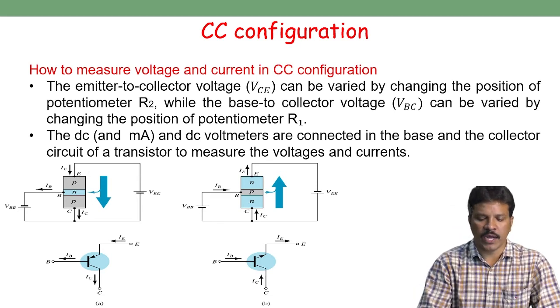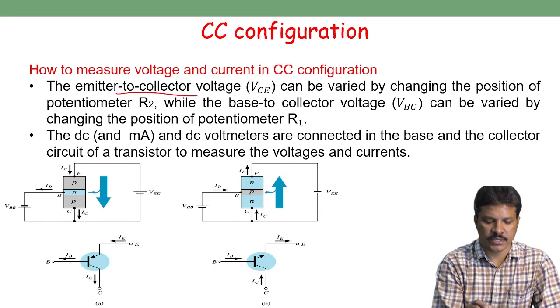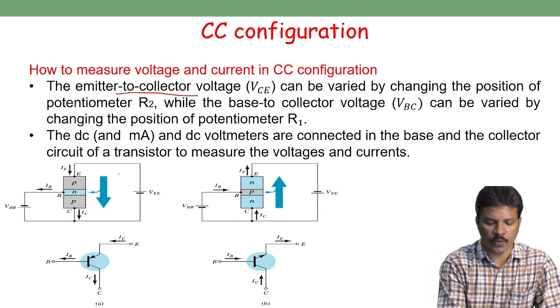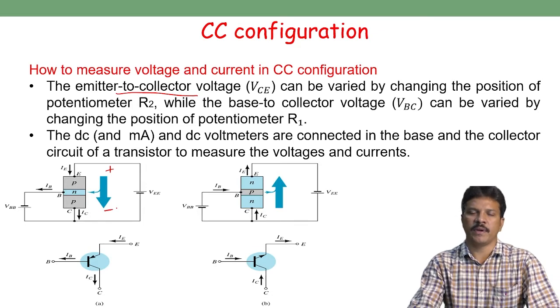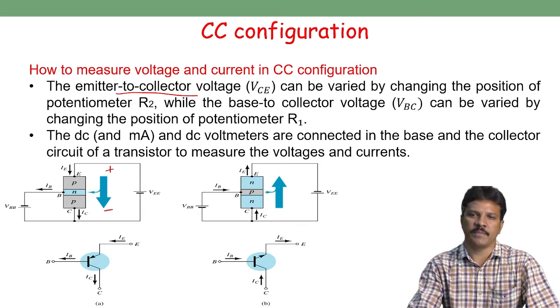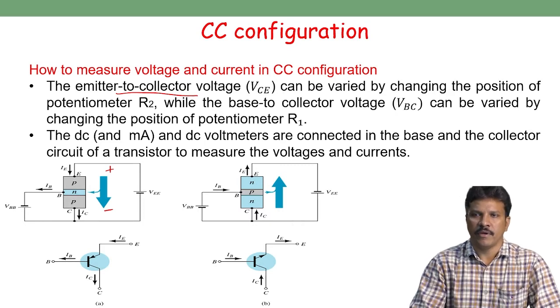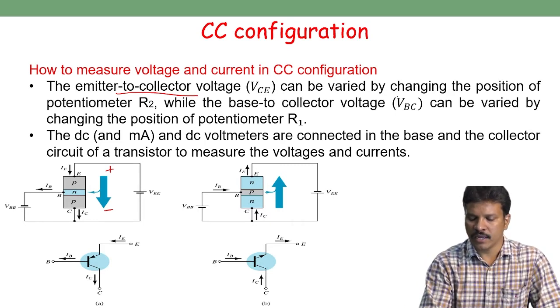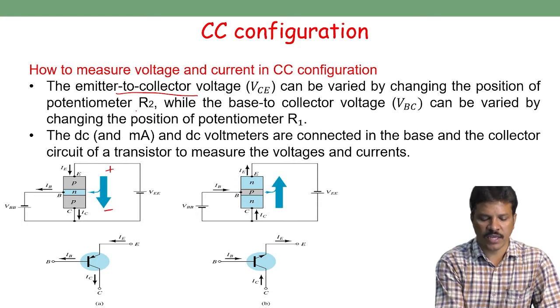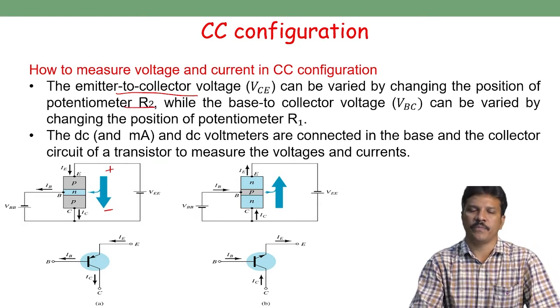The emitter to collector voltage, between the emitter terminal and the ground or common terminal, the collector terminal, can be measured by changing the position of the potentiometer R2.